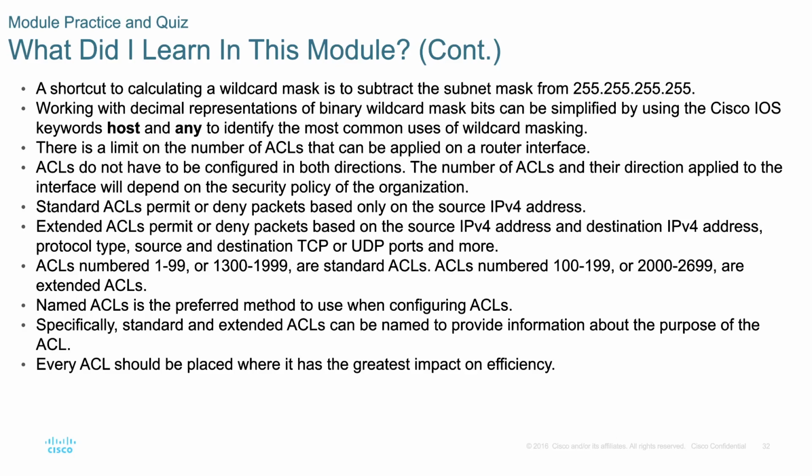Standard ACLs only look at the source IP address. Extended ACLs look at the source address, destination address, protocol types, and ports, so our applications. Now this filtering can be done on both the source and destination of any of those.